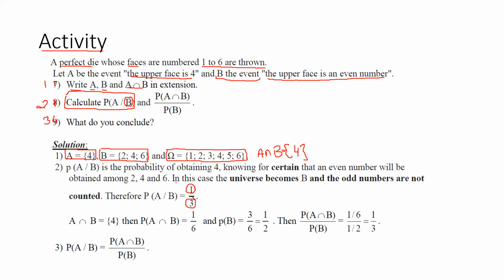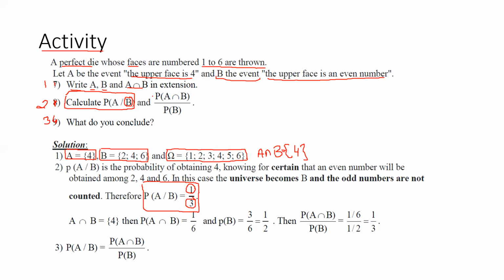This is the definition. We have calculated probability of A given B by using the definition, knowing that the upper face is even, calculate the probability that the upper face is 4.